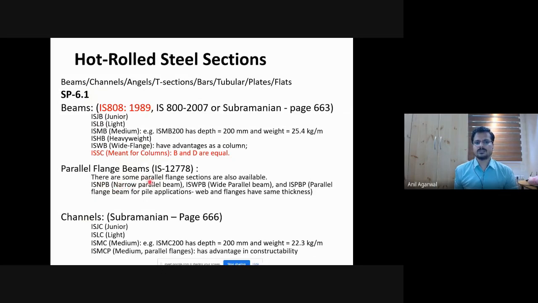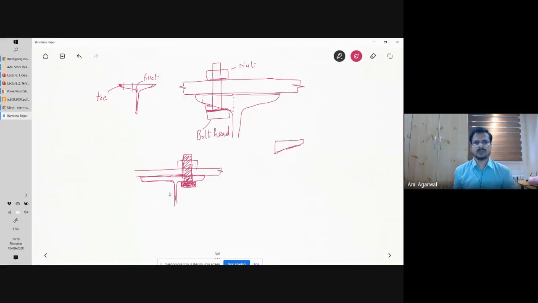Then within parallel flange beams, you can have a narrow beam, you can have a wide beam, and you can have beams which can be used for columns or piles and so on. Even for piles, we prefer this. As your beam becomes wider and wider, you may have a narrow beam where the width to depth ratio is almost 1:2, right?